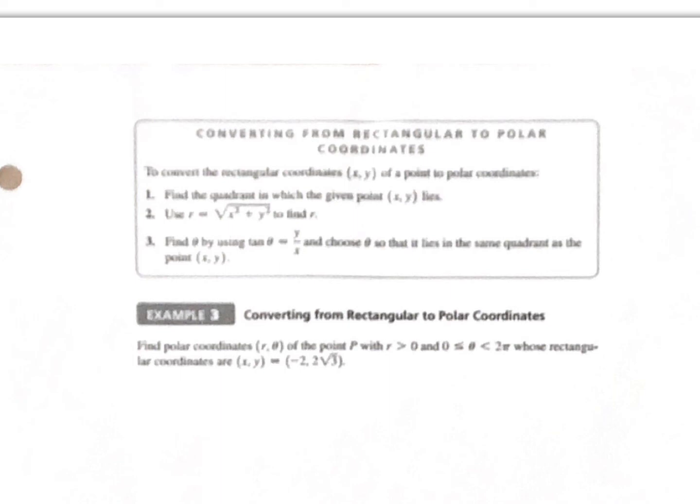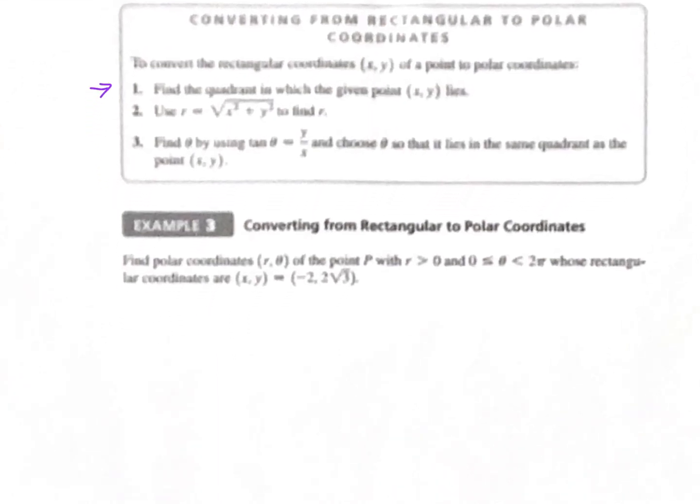So notice what the steps are here. It says, determine the quadrant where your point lies. Let's look at this example. This point has a negative x value, positive y value, so you know that point is in quadrant 2. And then it says use r is equal to. We're going to figure out what the radius is, or the hypotenuse, whichever way you want to think about it.